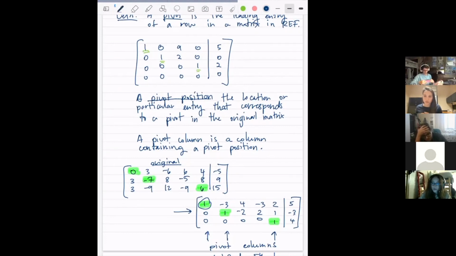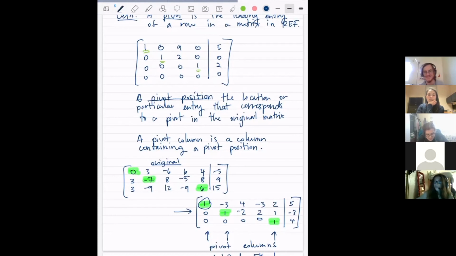That's what we usually work with in any case when we're talking about pivots and pivot columns. Professor, I think Veronica might be confused because you said that a pivot is a leading entry of a row in a matrix in a reduced echelon form. But then in the definition of the pivot position, you mentioned a pivot in the original matrix. Based on your definition of a pivot, there can't be a pivot in the original matrix. Thank you, Bo. Location or particular entry. So I'm saying, oh, it's in the wrong spot. Okay. Particular, how do I say?